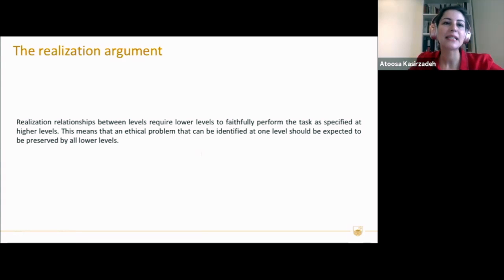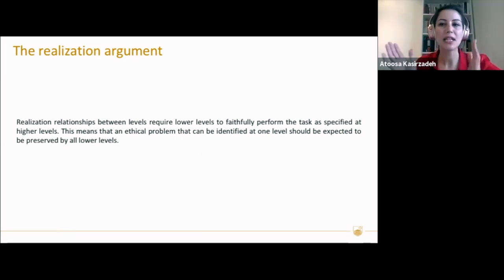And this means that an ethical problem that can be identified at one level should be expected to be preserved at all lower levels.